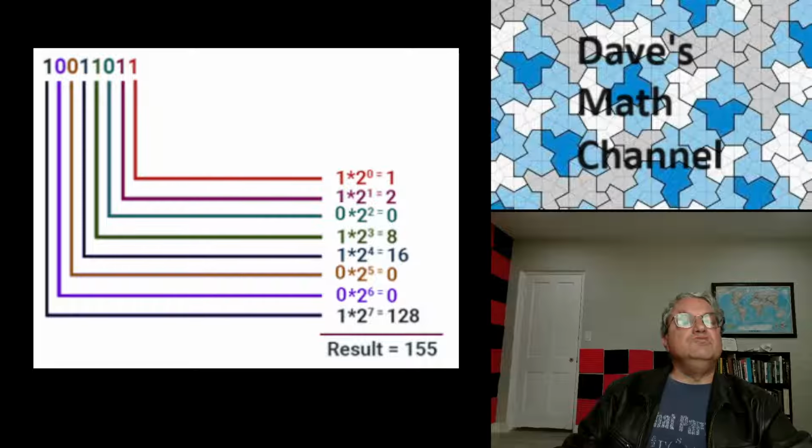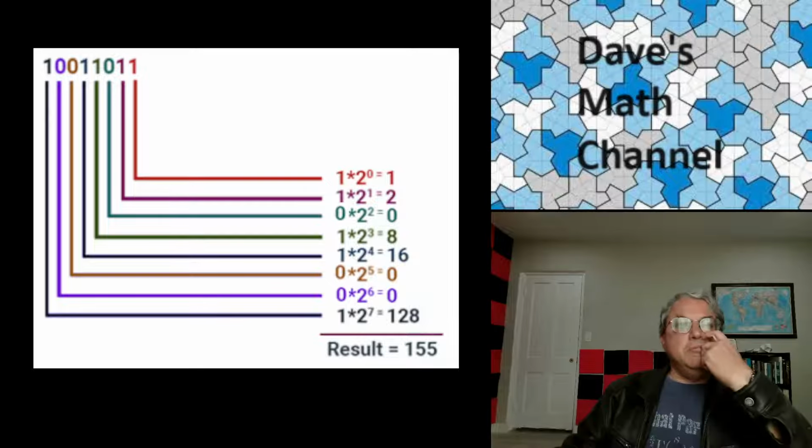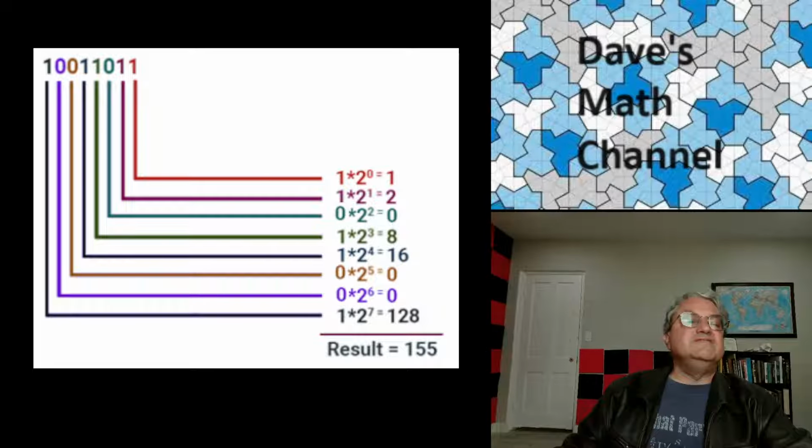Each bit has to be multiplied by a power of 2 corresponding to what place it's in. And since there are 8 places here, the power of 2 corresponding to the place on the left is 7. The rightmost is just your units, that's 2 to the 0.